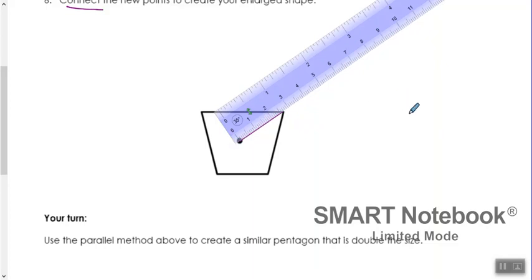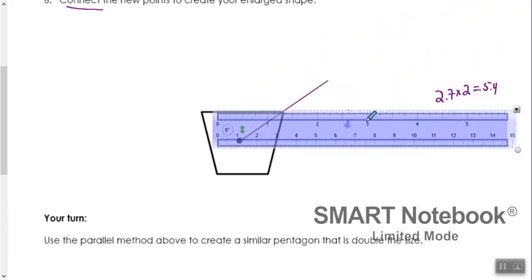I measured to 2.7, and I'm going to be doubling this. So 2.7 times 2, and we get 5.4. So I need this line to extend to 5.4. We're just cutting out some steps here, making it a bit easier for ourselves.